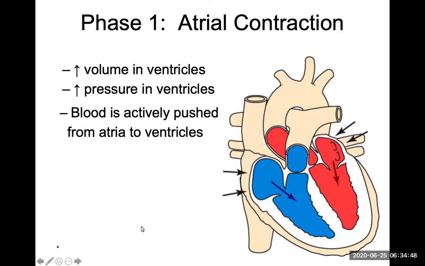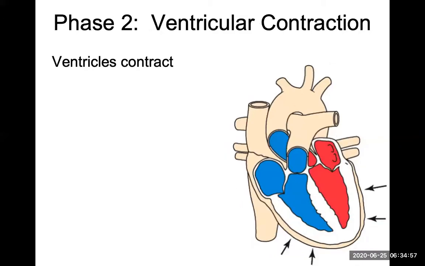The ventricular volume is increasing, which in turn is increasing pressure in the ventricles. This is important so that during ventricular contraction, the increase in pressure can slam shut your AV valves. Your AV valves are your atrioventricular valves, located between the atria and ventricles.